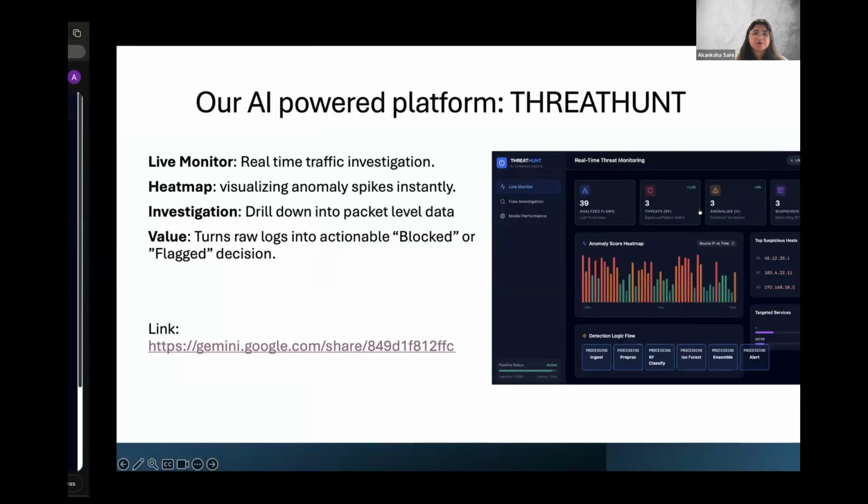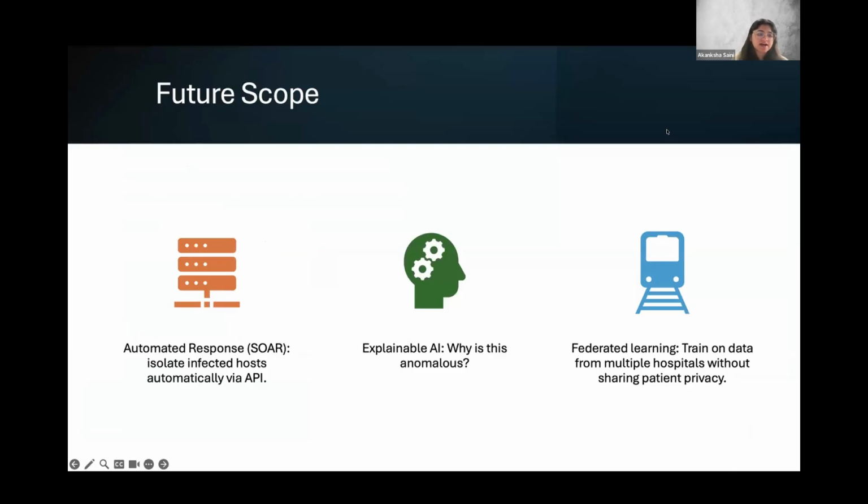So going back, this project is still in the beginning phase, so there are some exciting directions for future development. First is automated responses. Imagine a system detecting an infected host and automatically isolating it via API calls to the firewall.